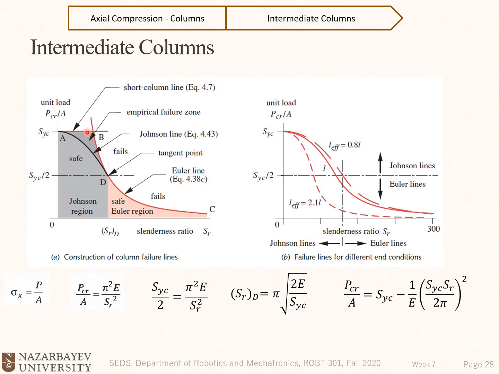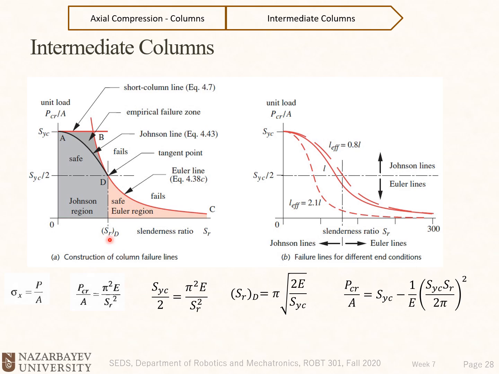The issue is that this Euler formula is a theoretical formula, but in reality, in empirical experiments, they've seen that columns could fail or buckle even in this safe region of ABC.